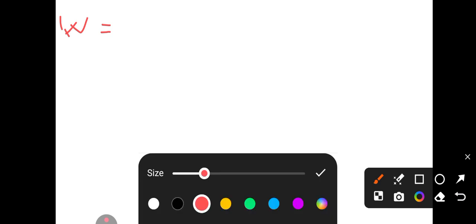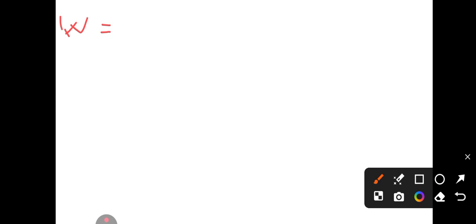So what we're talking about here, first of all, the first thing you have to do is determine what we have been given. First, we have been given the weight, W, which is equal to 100 Newton.